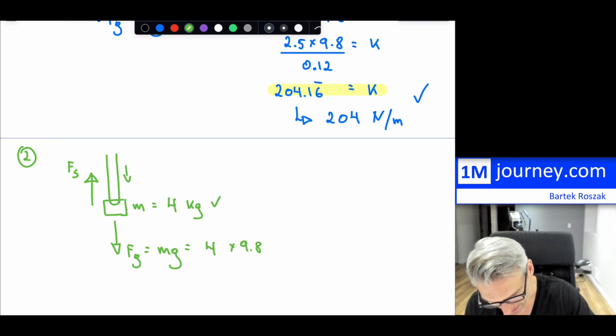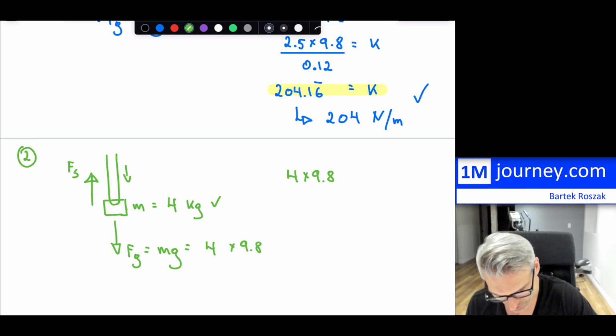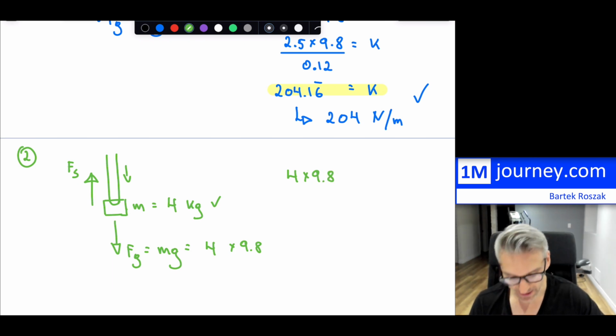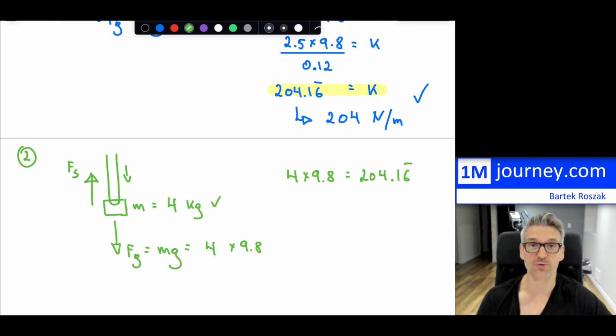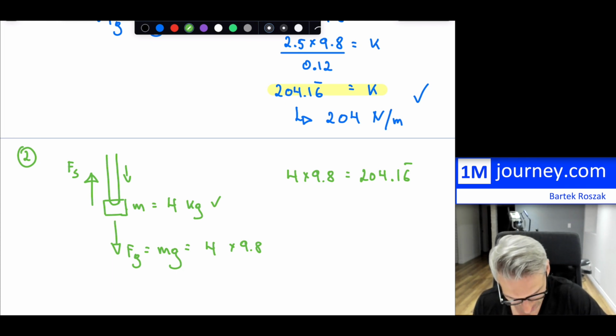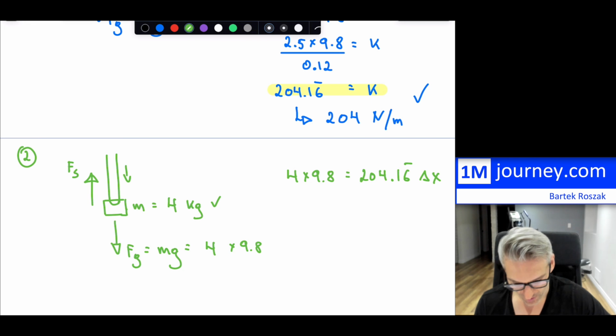So what we would have now is 4 times 9.8. This is our force of gravity. And then on the other side, which is the spring itself, we now do know what that constant is. So within here, I'm going to use the unrounded value, and you should typically do that if you're carrying through questions. And now we want to know what that stretch will be.